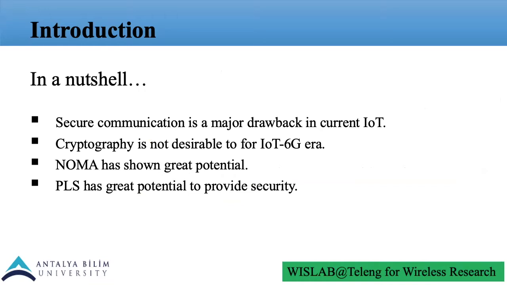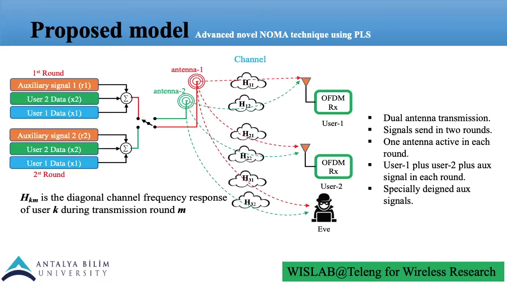And we said that NOMA has shown great potential to be a communication technique which can be utilized in this IoT 6G era. We also talked about how physical layer security has great potential to provide security for these devices with limited processing.